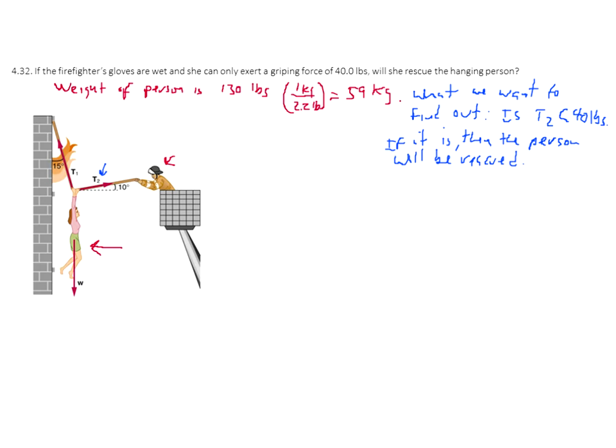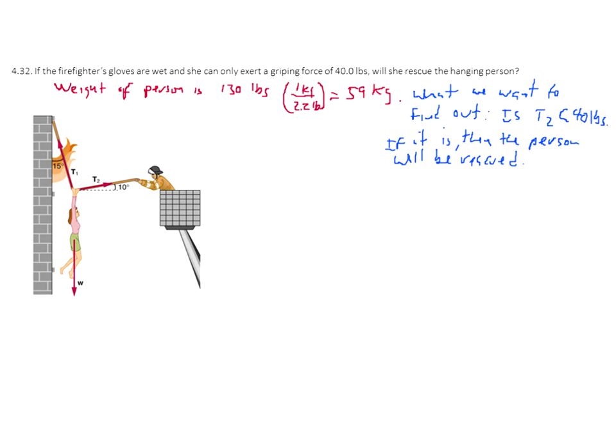All right, that's a pretty ugly looking word, rescued, there. So let's get rid of some of these arrows here that are just messing things up. And let's go to solving the problem. So first off, we want to draw a free body diagram.